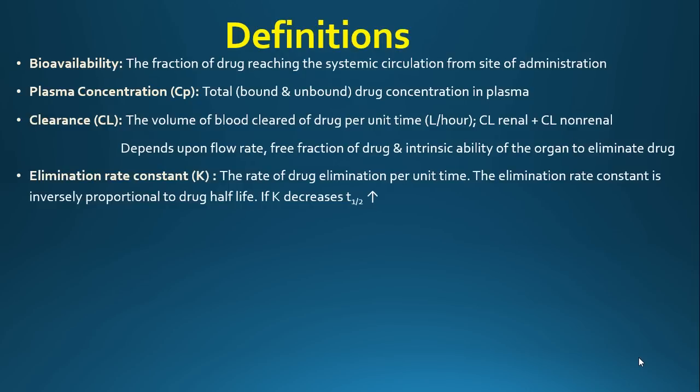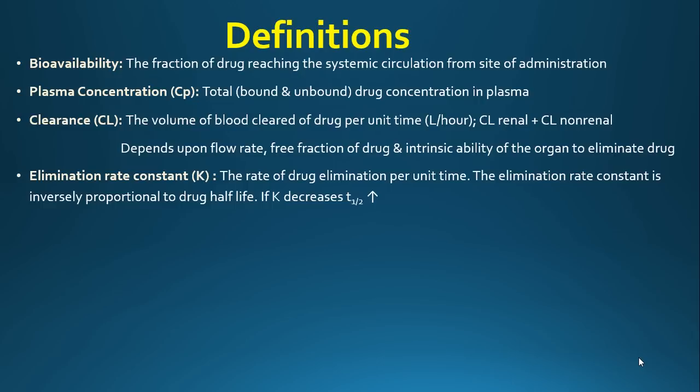Elimination rate constant: the rate of drug eliminated per unit time, how much is actually removed. So clearance and elimination are a little bit different, though they look similar. Clearance is how much volume of your blood is cleared off, and elimination is how fast the drug is coming out of the body, and it is inversely proportional to your half-life.